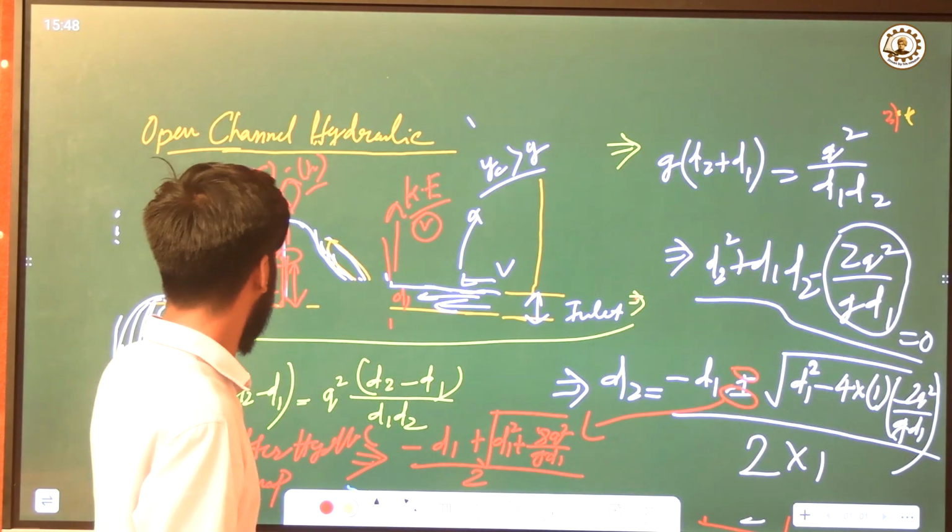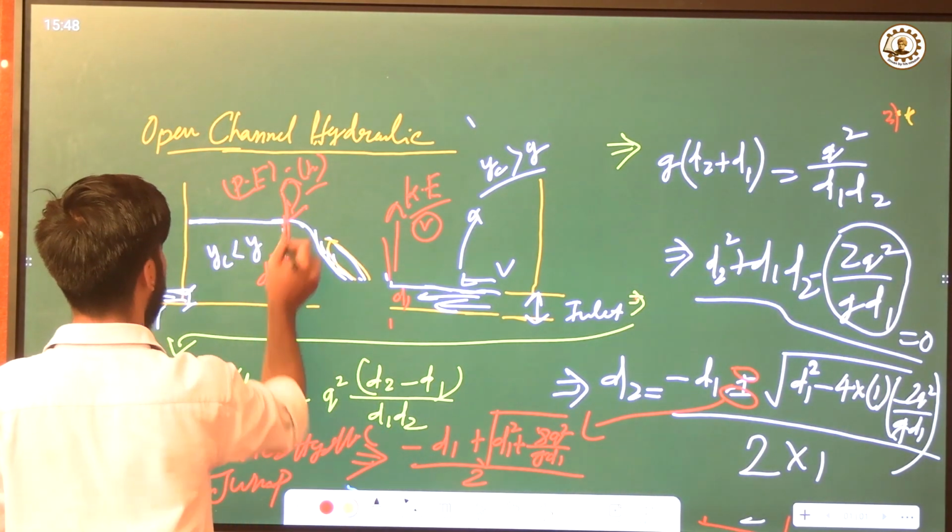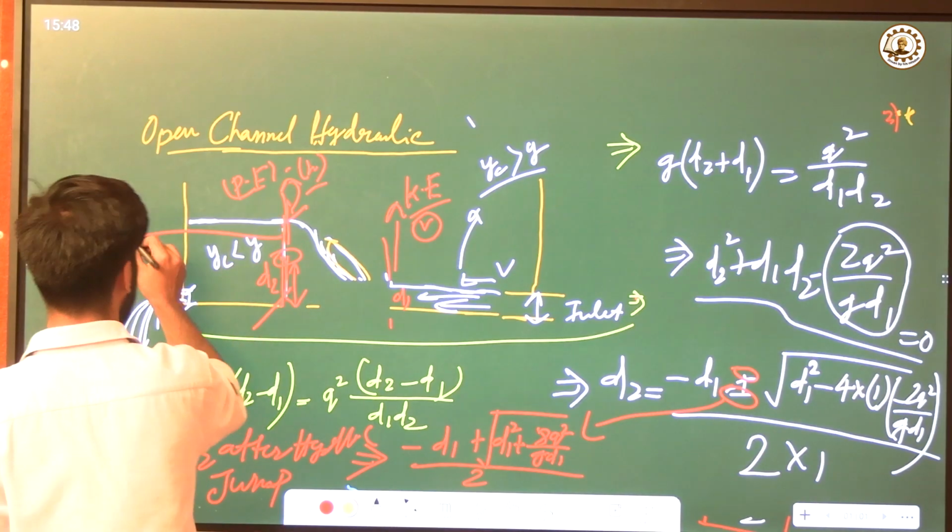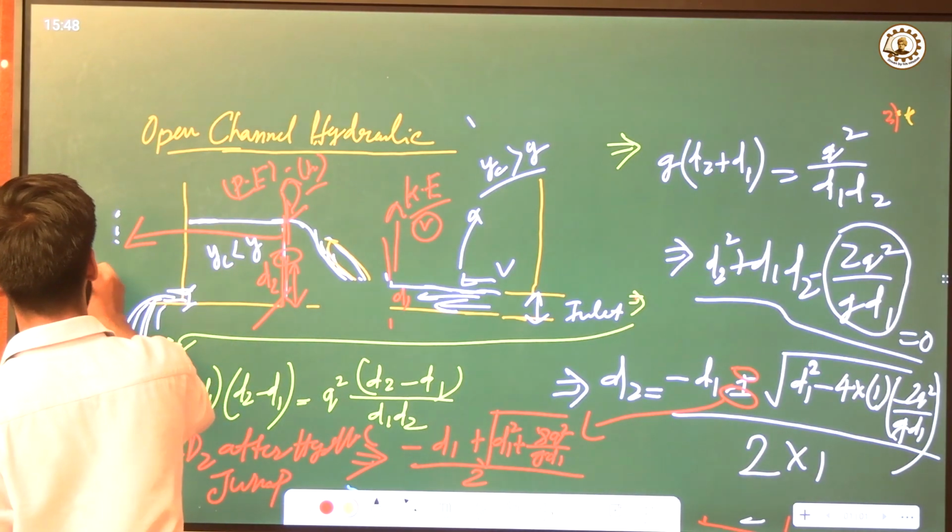Now this is the depth of the flow after the hydraulic jump, d2.